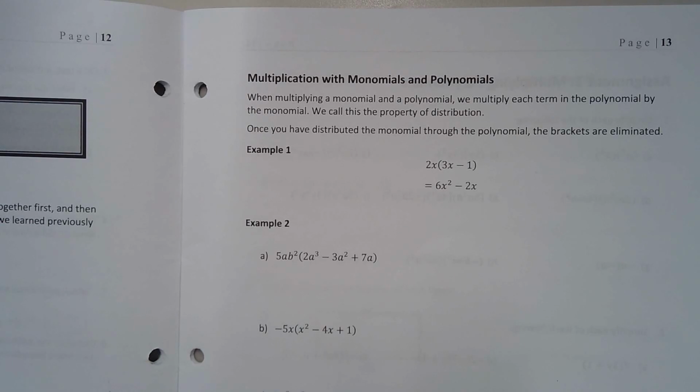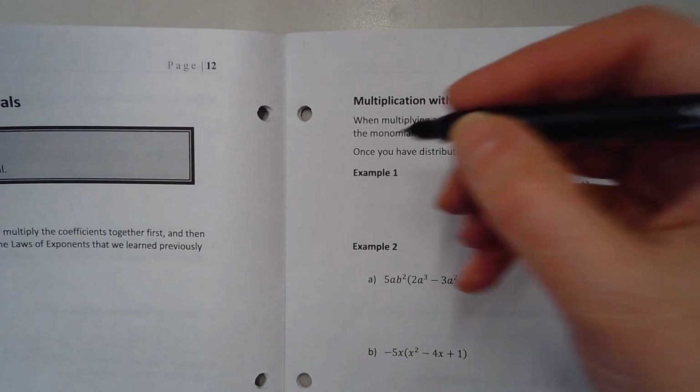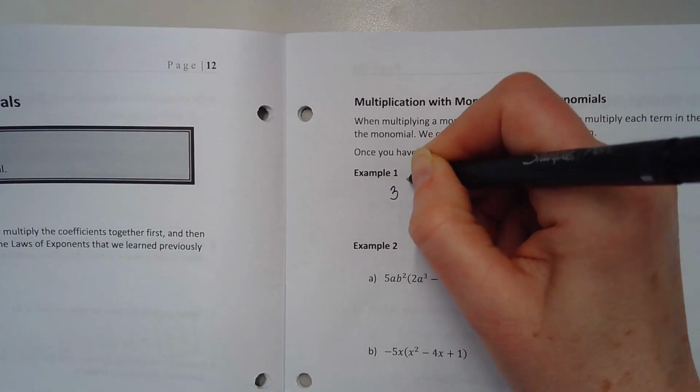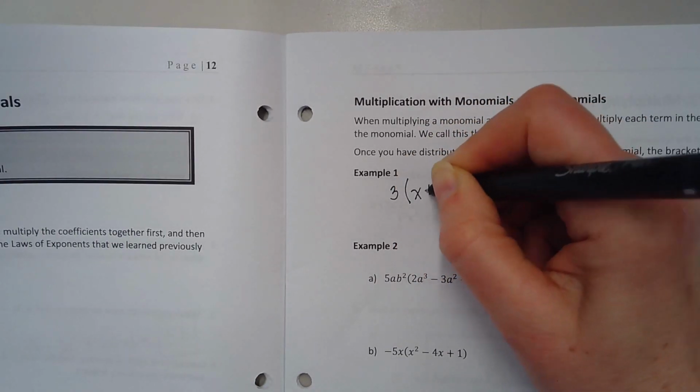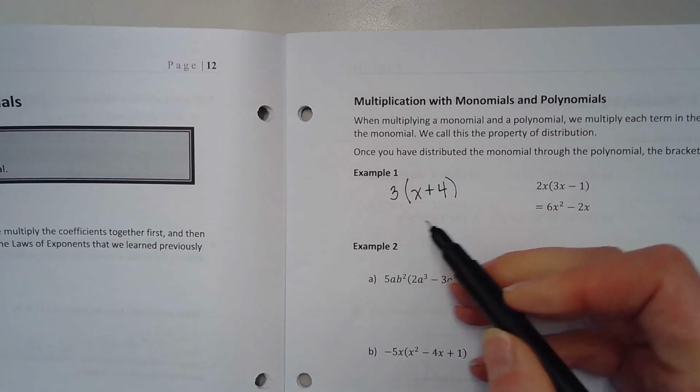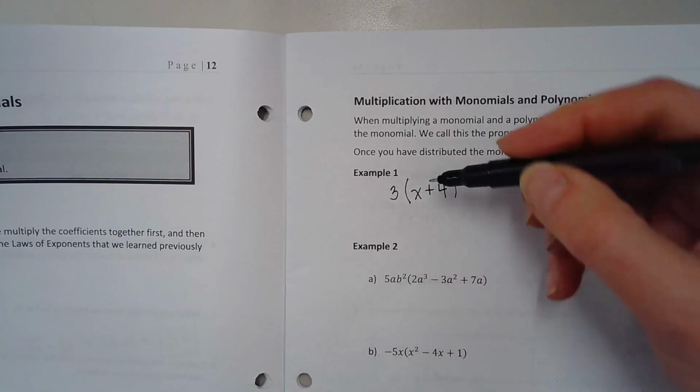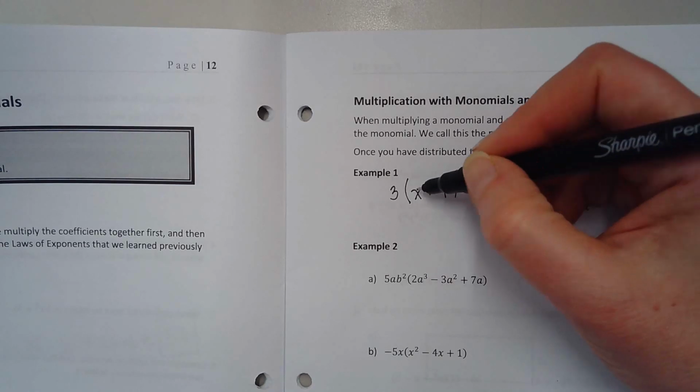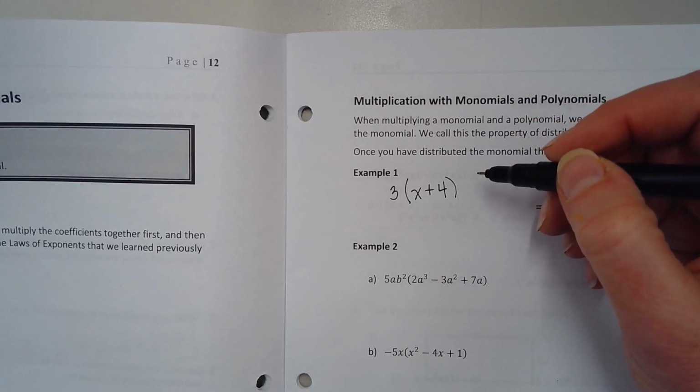Okay? So what that means is, let me do a really simple distribution. Like if I have 3 times x plus 4, for example, monomial times a binomial, what it means is 3 is being multiplied by each piece in the bracket.